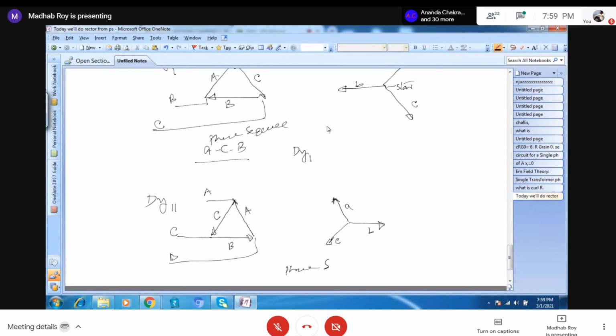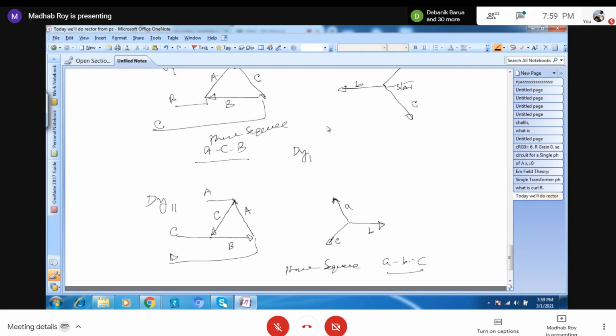You know that the phase sequence has been changed. It is A, B, C. So they have changed the phase sequence. Not only the phase sequence, you have to do it like this. Otherwise, you can't approach the DY11.